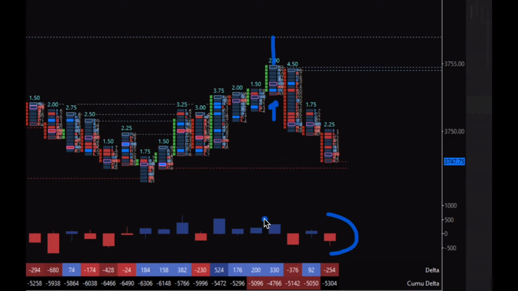And I had really good delta, 330 worth of delta. I had 330 more bullish volume than bearish volume, right? So that's pretty healthy. This one's pretty healthy too, 524 right here. This lets me see how aggressive the buyers or sellers are on a bar by bar basis.